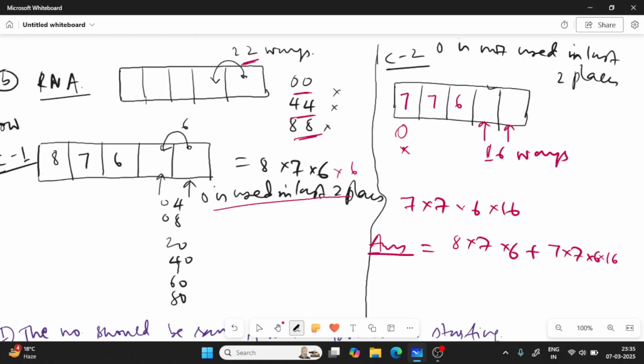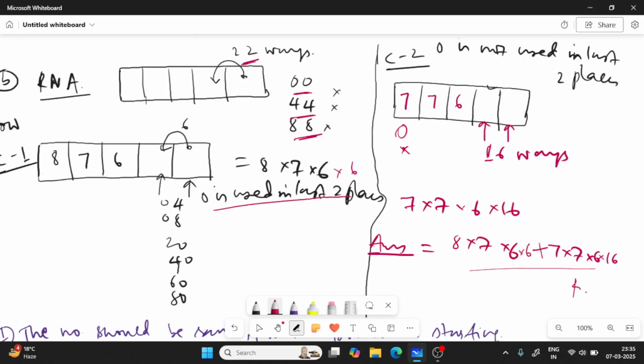So how many ways are there? 8 into 7 into 6 into 6 into 6 plus 7 into 7 into 6 into 16, and this is our requirement.